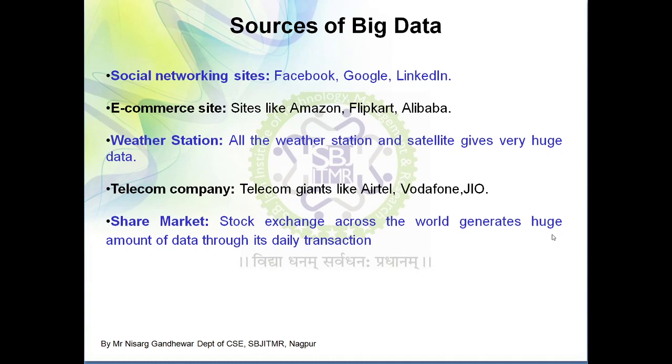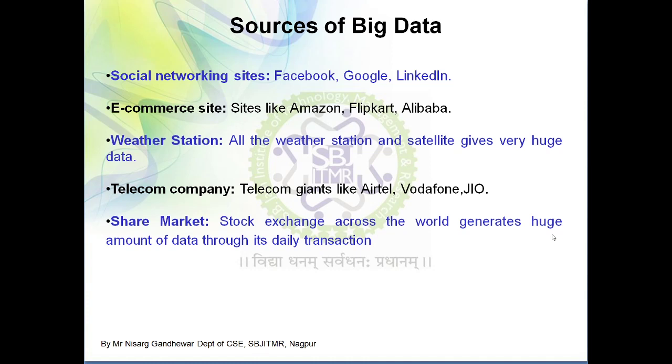The last source I mention here is the share market. The share market also generates a huge amount of data, because among the characteristics of big data we have seen velocity, which is the speed at which data is generated. The share market generates real-time data every day.